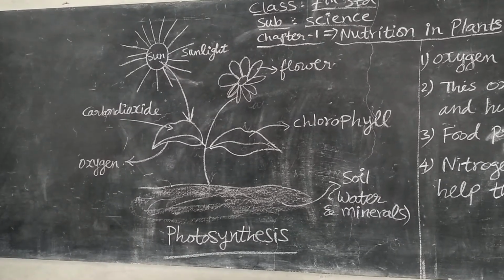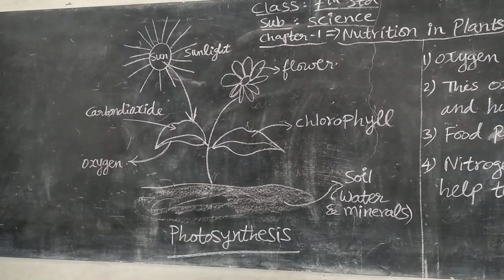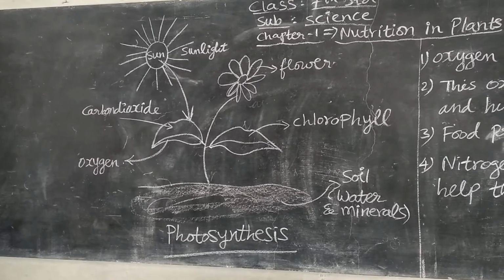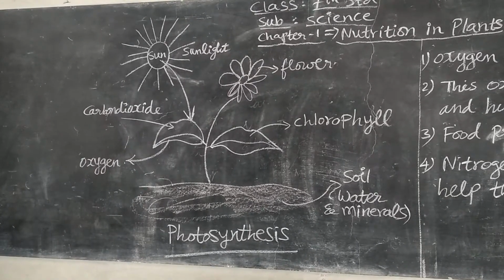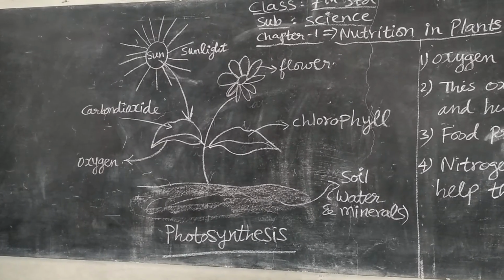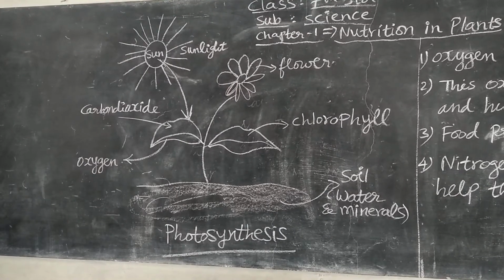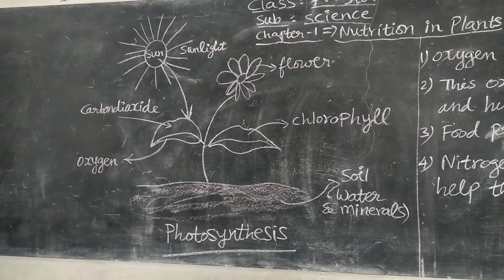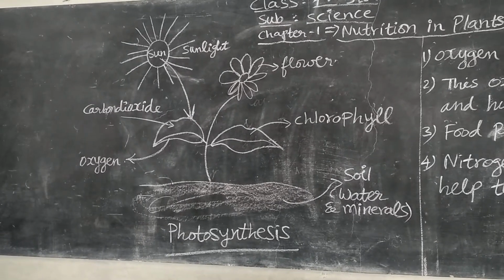So photosynthesis means plants prepare their own food with the help of sunlight, water, chlorophyll and carbon dioxide. In this process, the food is prepared by the leaves. After food is prepared, the leaves give out oxygen.